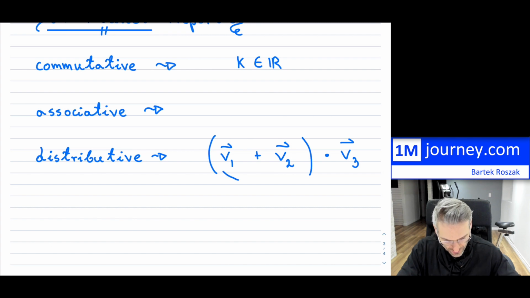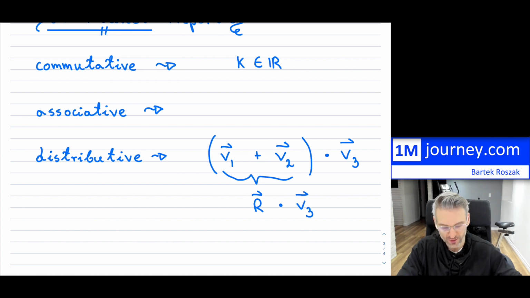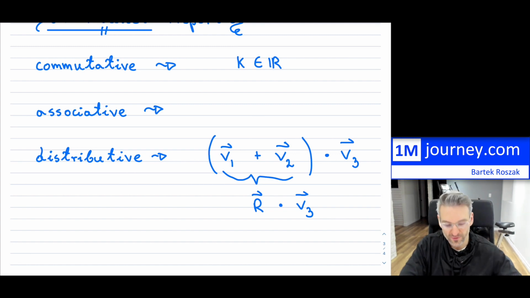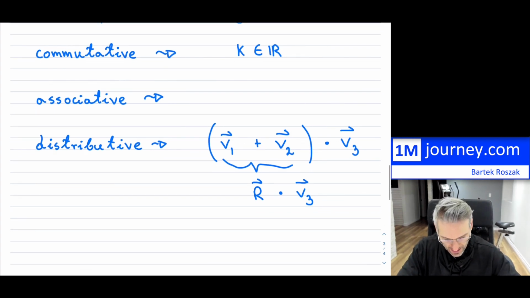Now, we know that this is going to be a resultant vector right here, and we can certainly do the dot product in this way and then find out what that is. It's going to be just a scalar value. But what the distributive property states is that you can either do this, or you can distribute the dot product inside of your bracket.